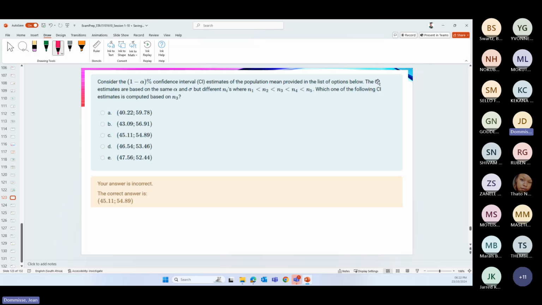The confidence interval estimates are based on the same alpha and the same standard deviation, but different sample sizes, where N1 is smaller than N2, smaller than N3, and the like. Which one of the following confidence estimates is computed based on N3?